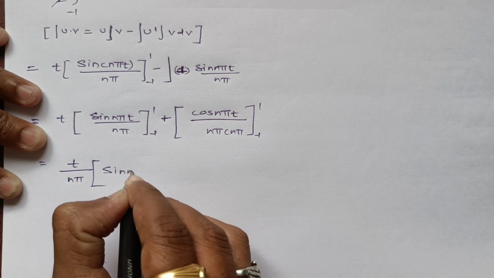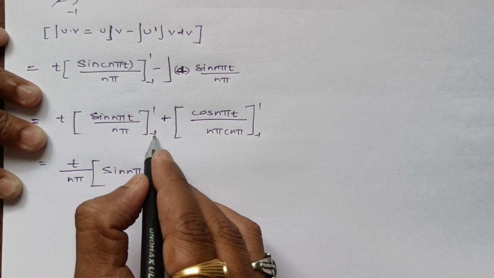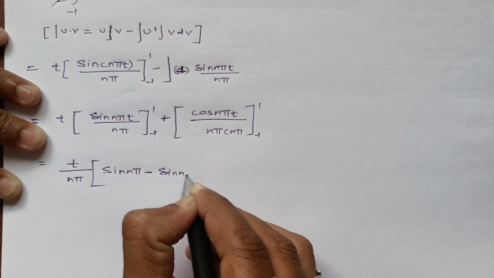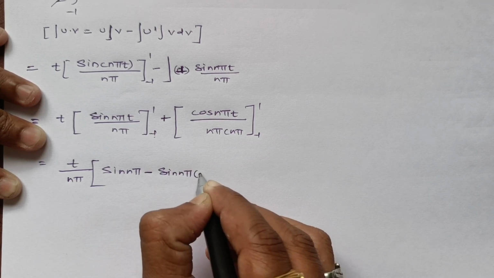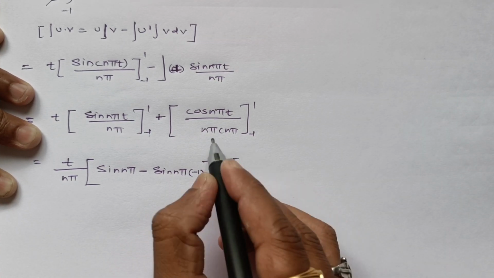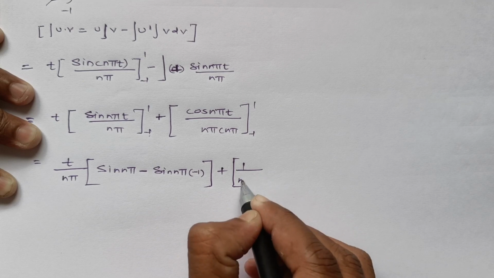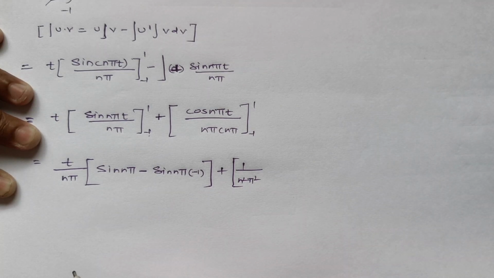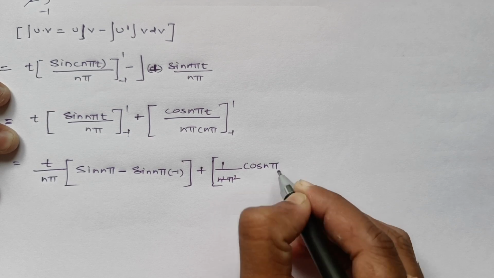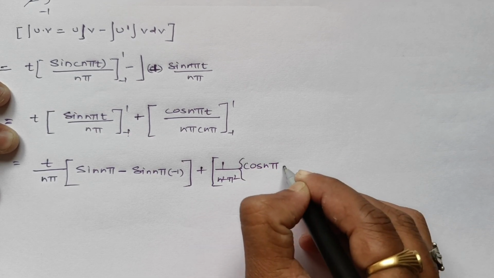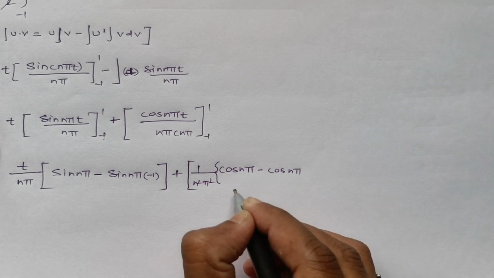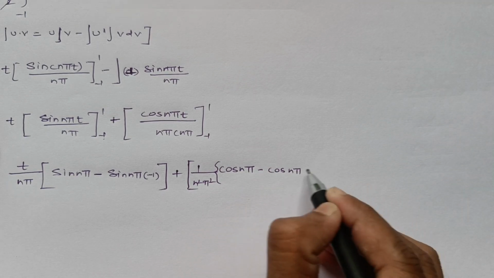This term will be sin n pi, minus the lower limit, which is -1. So this will be sin n pi of -1, plus this term n pi into n pi, nothing but 1 upon n square into pi square, with these terms as cos n pi minus cos of n pi, and this is -1.